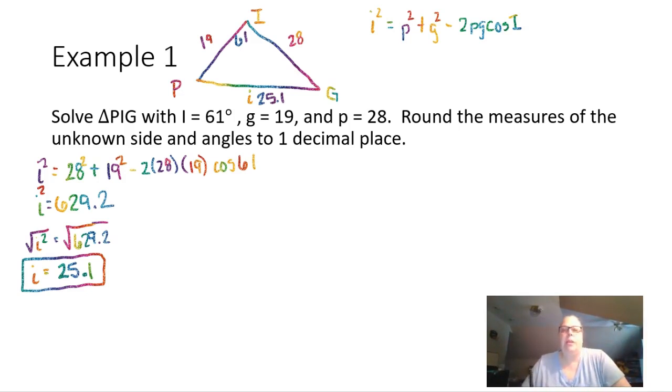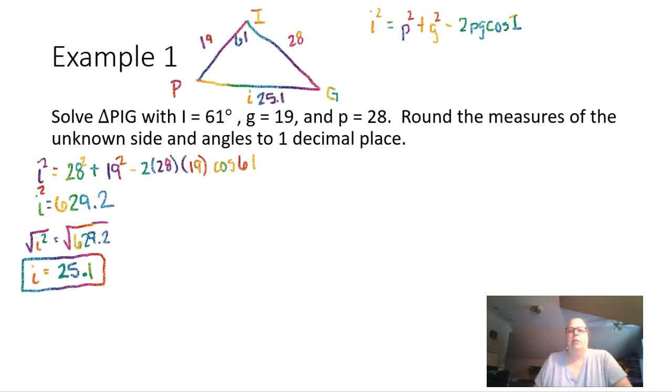I don't recommend it because that angle side-side situation is the one that gives you that ambiguous case. So maybe there's not a triangle, maybe there's one triangle, maybe there's two. I mean, this is a law of cosines problem, so there's only going to be one triangle. And so my personal preference is if you start solving a problem with the law of cosines, stick with it all the way through the problem. So what I'm going to do now is use the law of cosines and that side I that we just found, and find angle P.